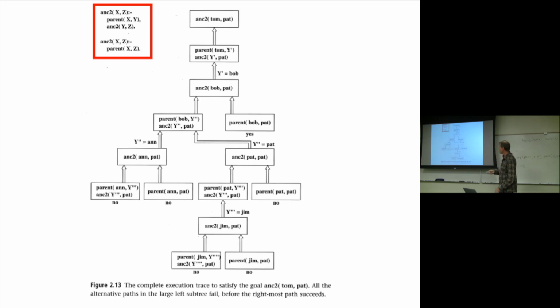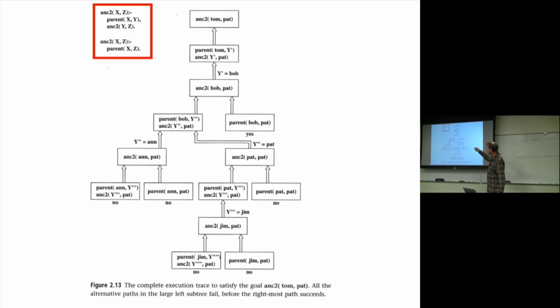Now remember the ancestor rules? This is another version of the ancestor rule. This is called ANC2, which stands for the second version.